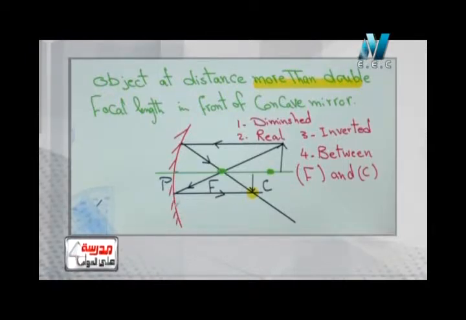So dear students, as we see here in this problem, we have to use rule number one and rule number two at least. A student may notice here that we didn't use rule number three, as the light ray passes through the center of curvature. In some cases we will use rule number three. When?